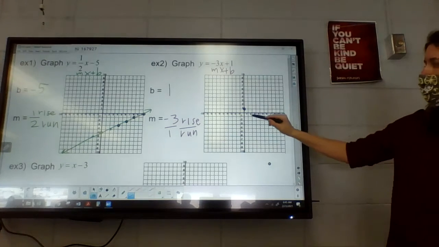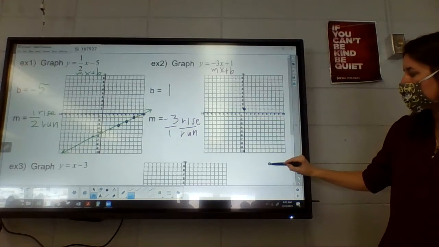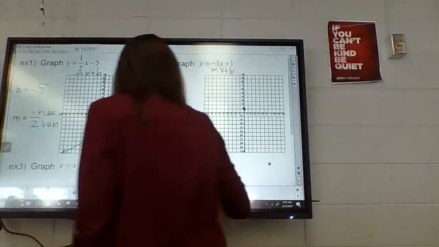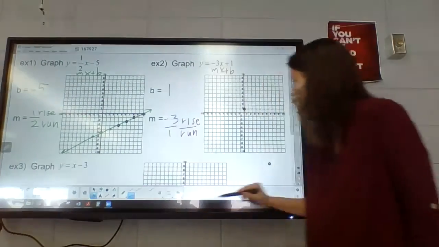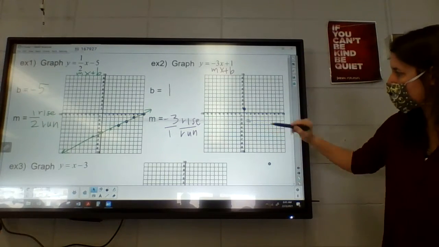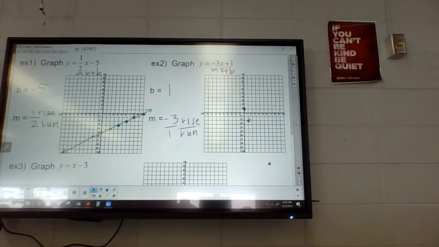So I'm going to go down 3 and over 1. So you guys want to get a few dots on there and get that line drawn.